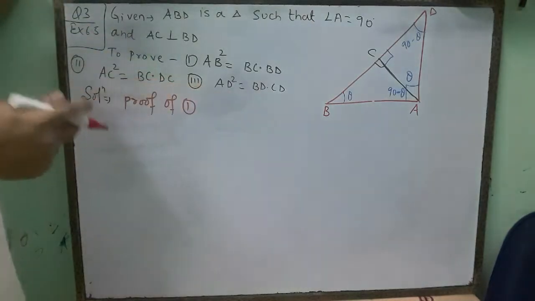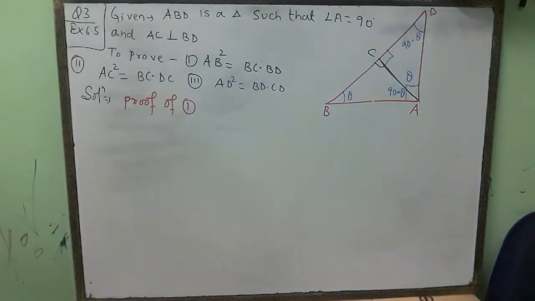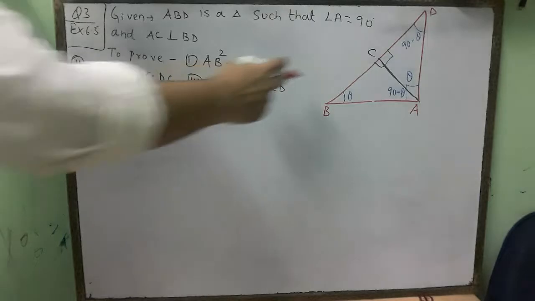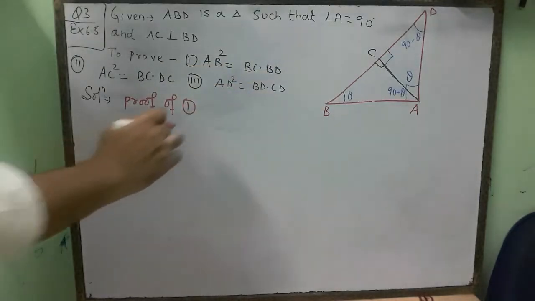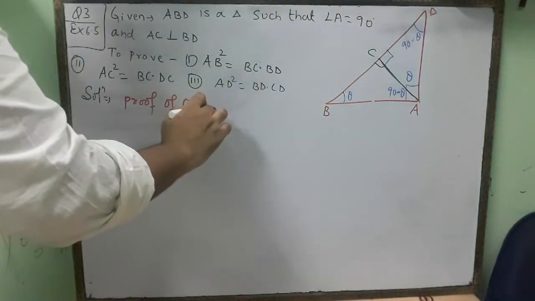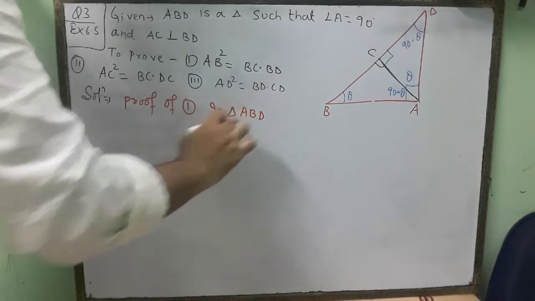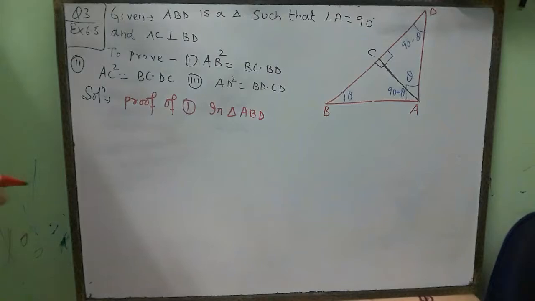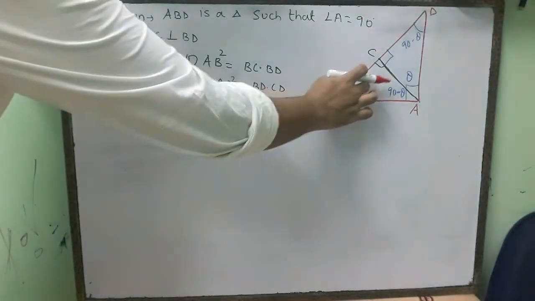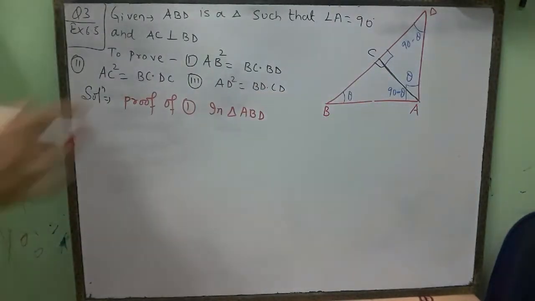So first we have to use the whole triangle, that is ABD, and second one is ABC. So name as per the given instruction, that is theta and 90 minus theta. In triangle ABD I have started from the 90, so in triangle ABC I also have to start from the 90.